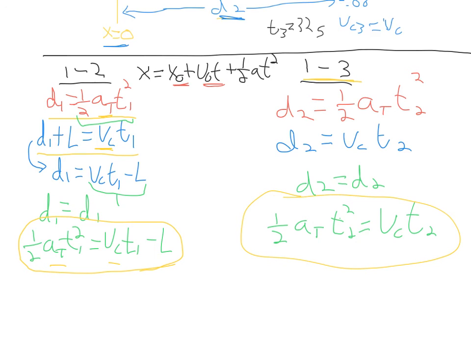And so now we have a second different equation where a_t and v_c, the velocity of the car and the acceleration of the train, are our only two unknowns. We are given the value for the time and L, and so now, after all that fun work, this is why I made the video, we combine these two equations together using algebra, two equations, two unknowns. You can solve for both the acceleration of the train and the velocity of the car.